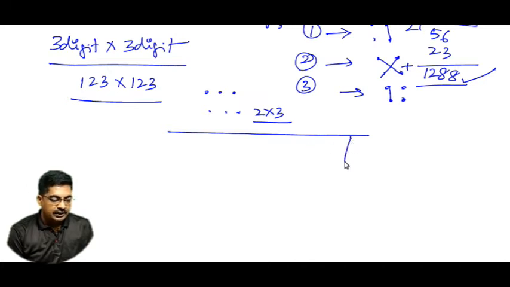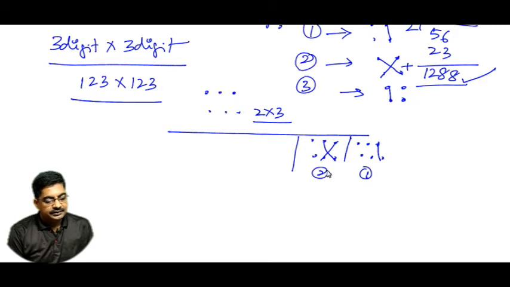How the first digit will come? By multiplying the rightmost vertical column, multiplying the digits, and then the second digit will come by moving crosswise. The third digit will come, this is the first digit, this is the second digit, third digit will come by multiplying vertically and crosswise.